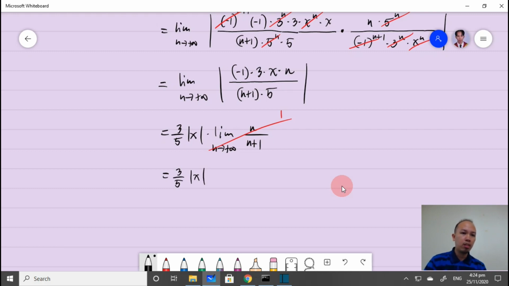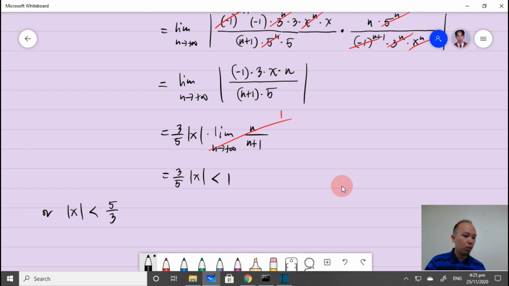And for the values of x for which the given series is convergent, it converges if this is less than 1, okay, by the ratio test. So simplify, or we can write it as absolute value of x, multiply both sides by 5 over 3. This is 5 over 3.